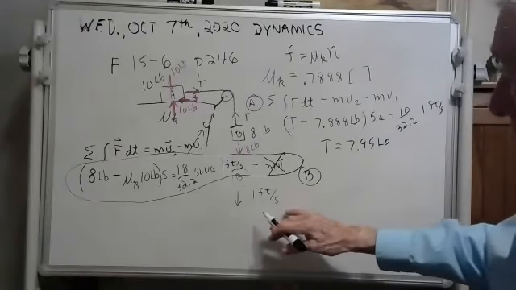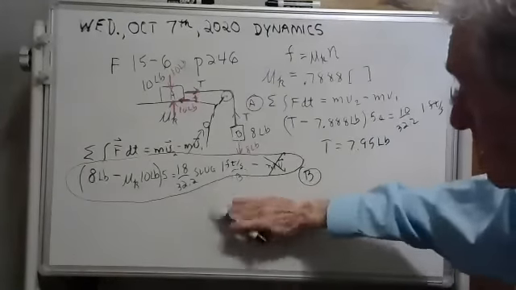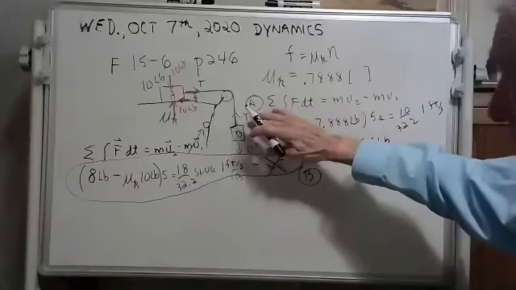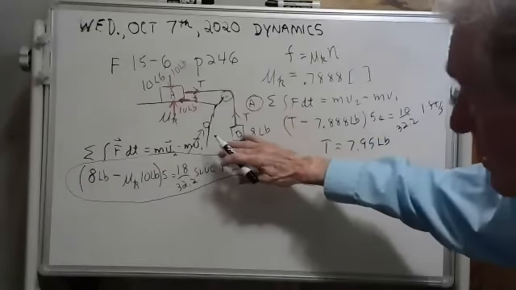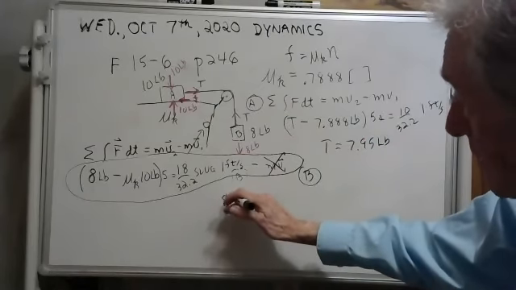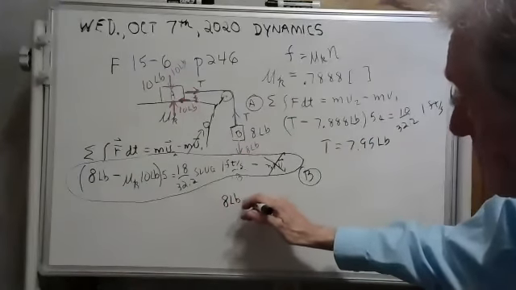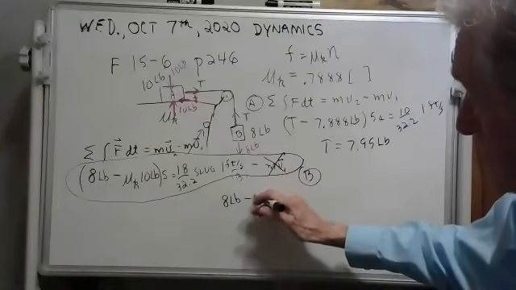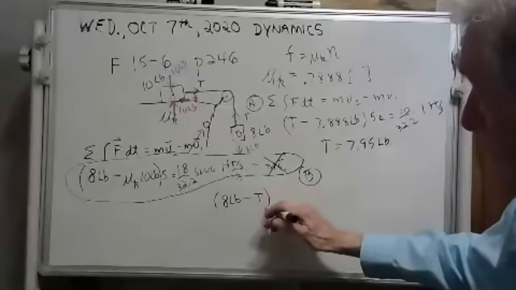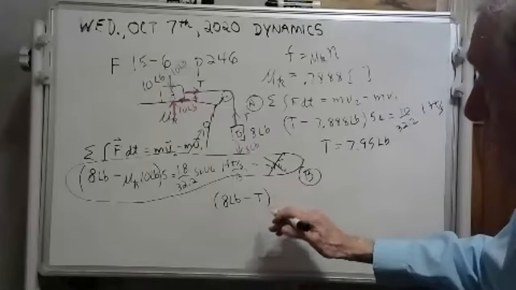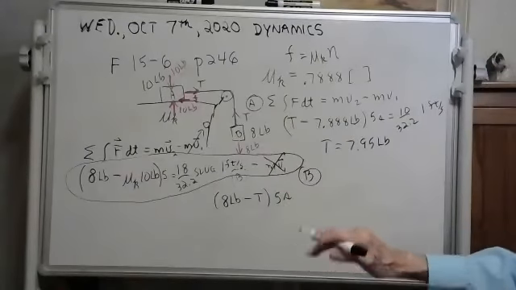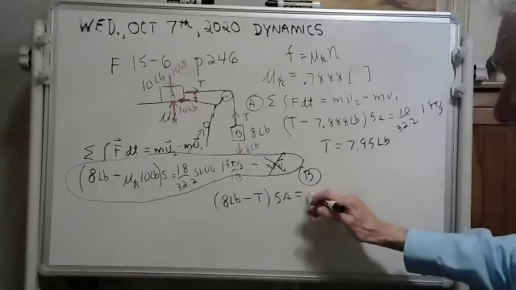Okay, so do I have room to write that equation in here, maybe? Yeah, here we go. I'm writing the impulse momentum equation on B. Well, you got the 8 pounds minus the tension times 5 seconds, I think they said, right? 5 seconds, yeah, is equal to the mass.